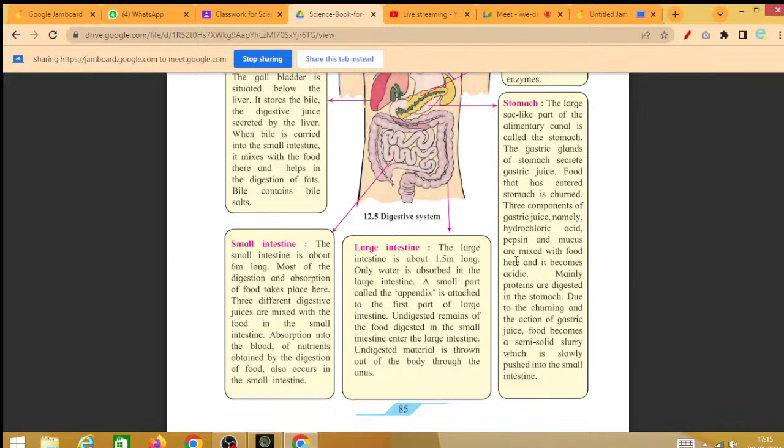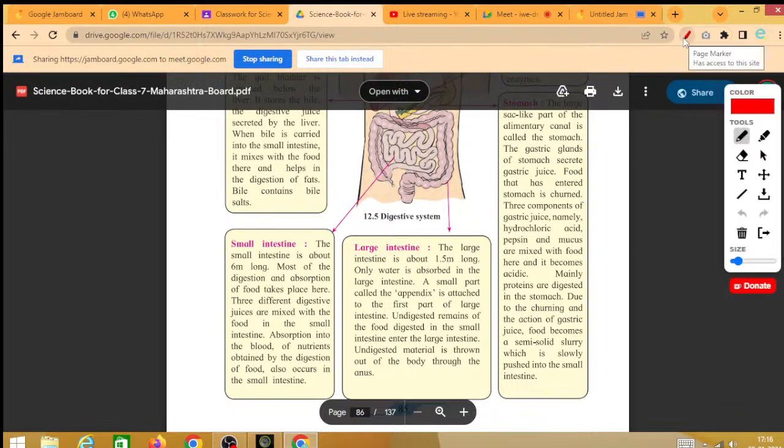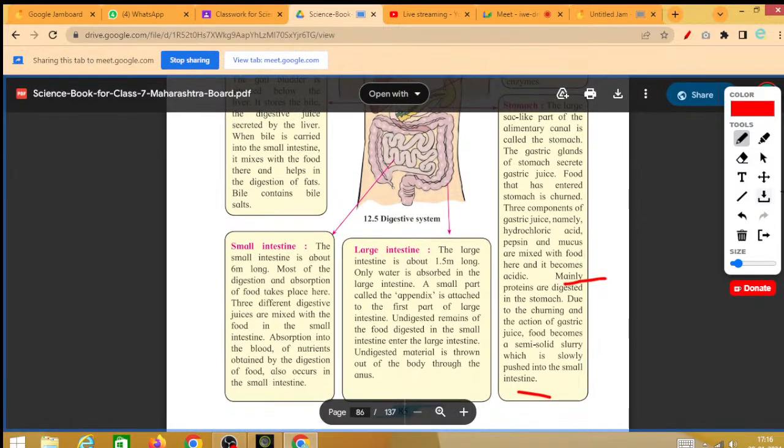So then read further. Mainly, proteins are digested in the stomach.